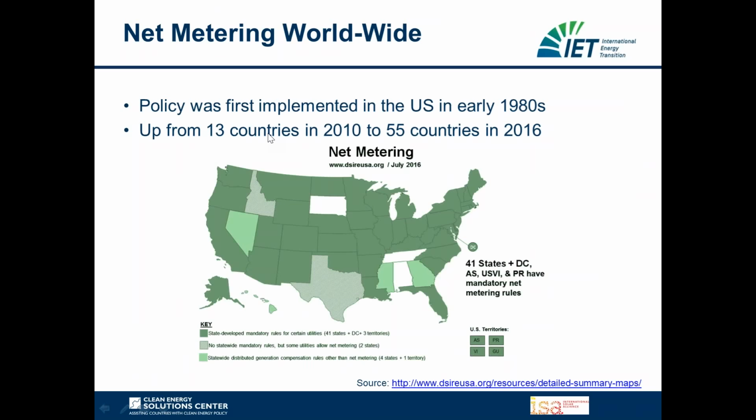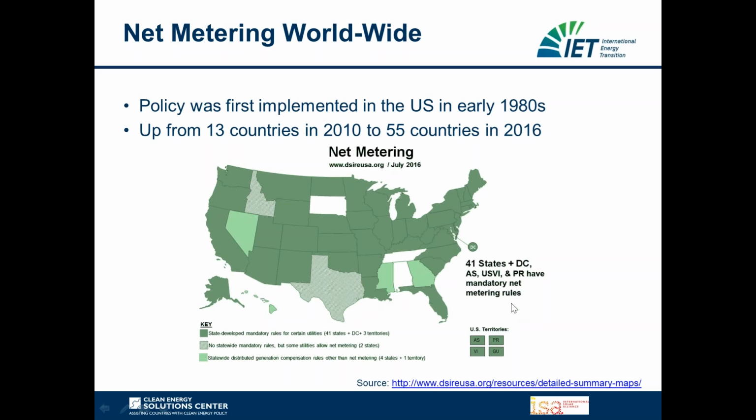Net metering has existed for a very long time. It was implemented in the early 1980s already in the United States. And also, as I mentioned before, it has increased significantly around the world from only 13 countries in 2010 to now 55 countries by the end of 2016.